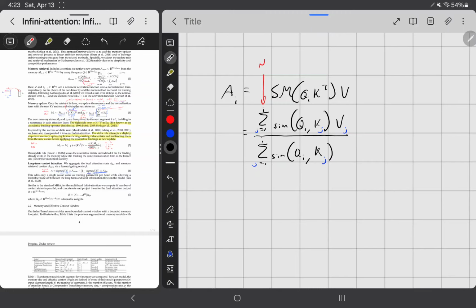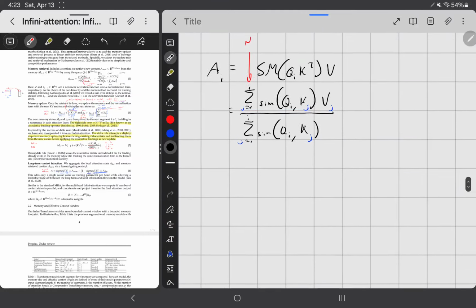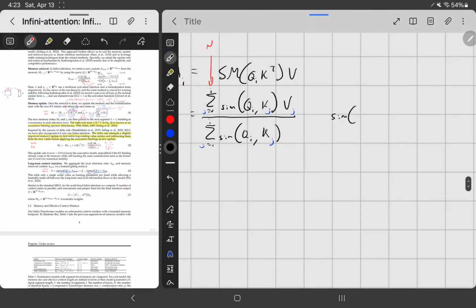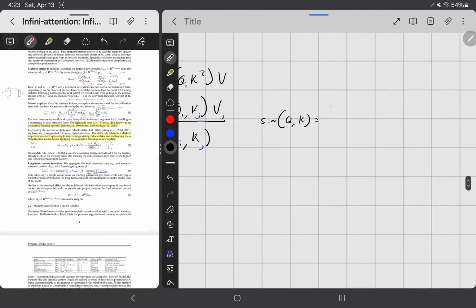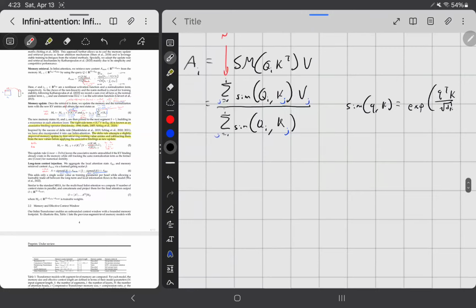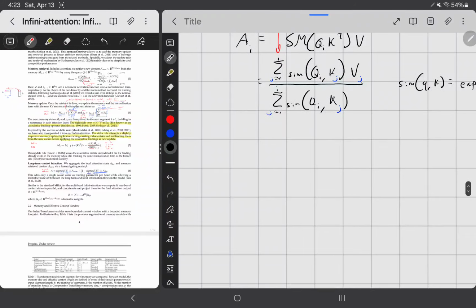So this is how you can rewrite it, where the similarity between q and k, if you want to make this softmax, is equal to e to the q transpose k over square root of d_k. So this is equivalent to normal attention.